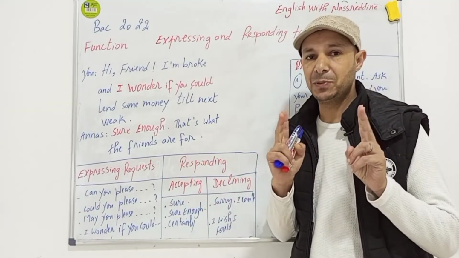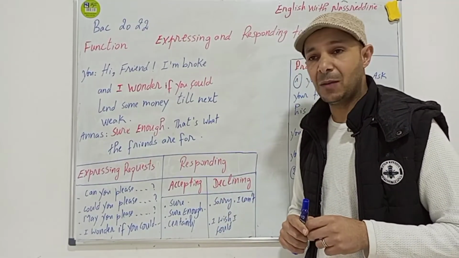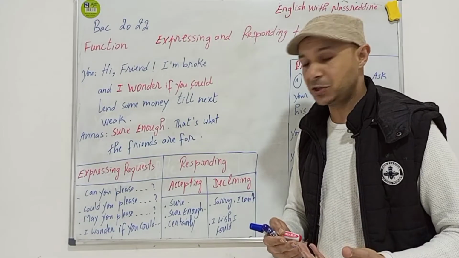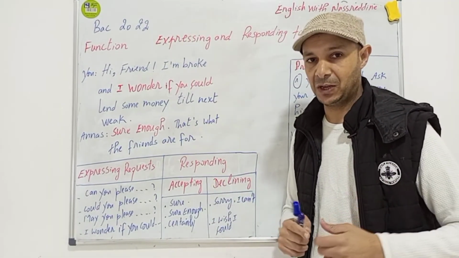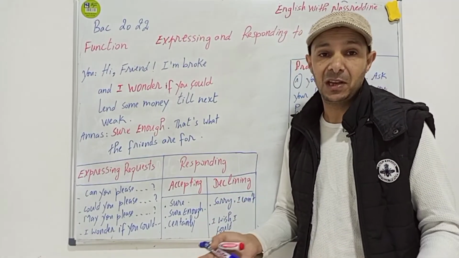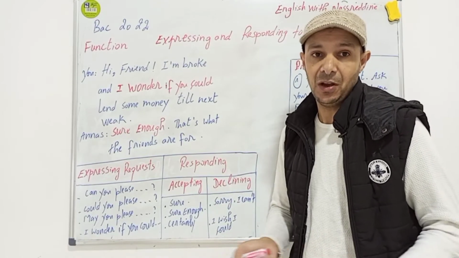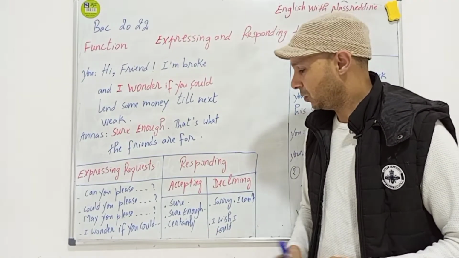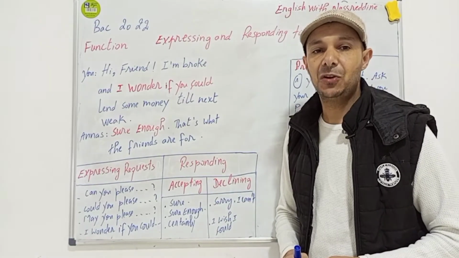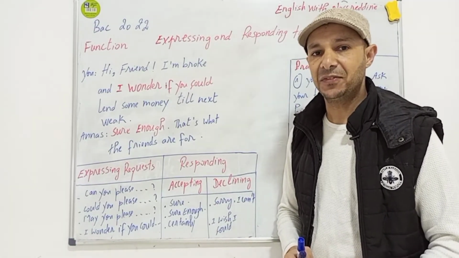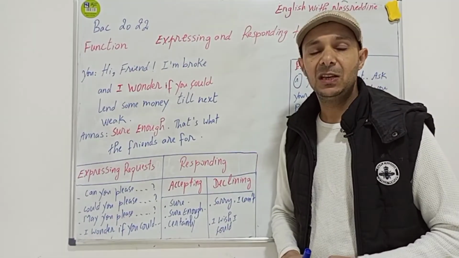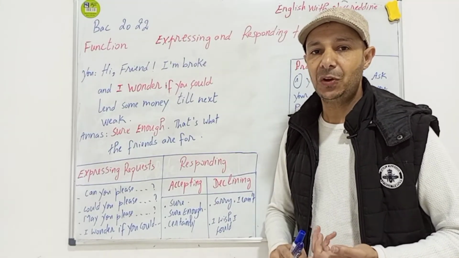To respond, there are two possibilities. We are likely either to accept or decline the request. If we accept, we can simply say sure, yes of course. Or we can say sure enough. We can say certainly.